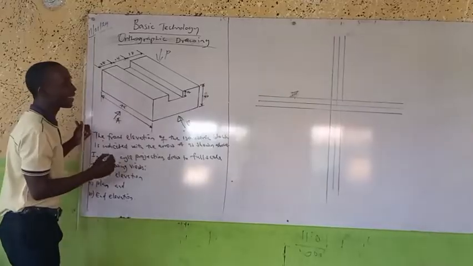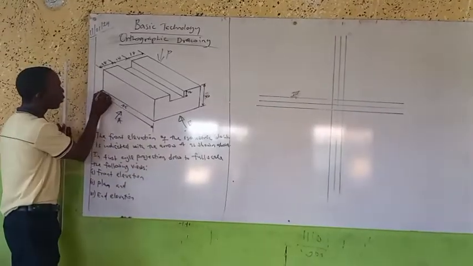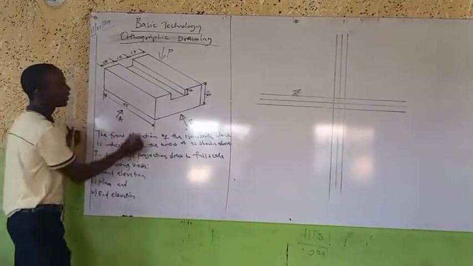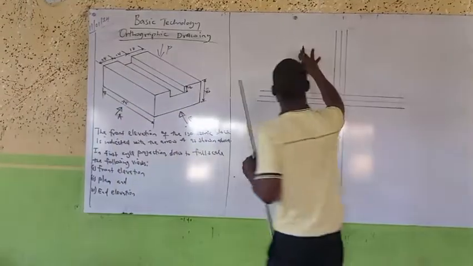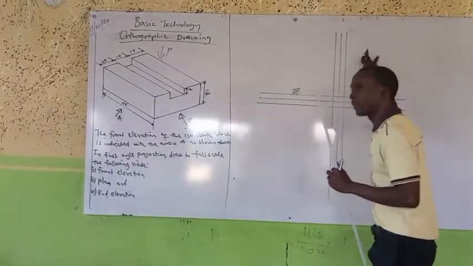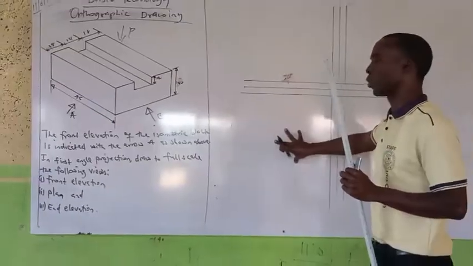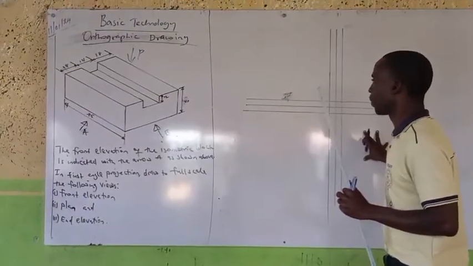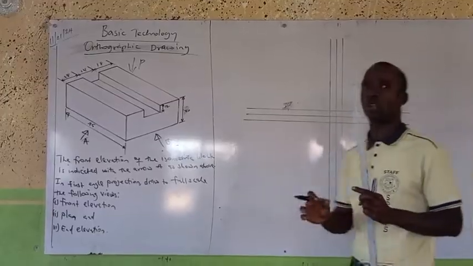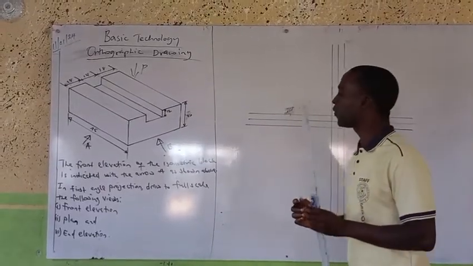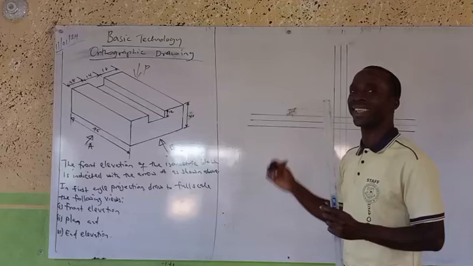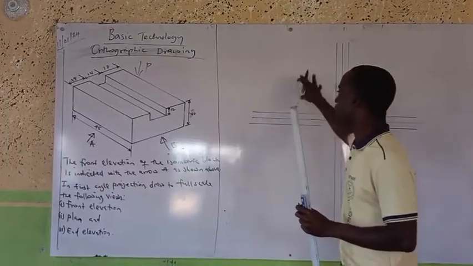Now we want to bring it out. First of all, I want to draw this line from this point to this point. Remember that this place is representing the first quadrant, this one is representing the second quadrant, this is the third quadrant, while this is the fourth quadrant. And we said that in first angle orthographic projection, the front elevation is usually placed in the second quadrant.